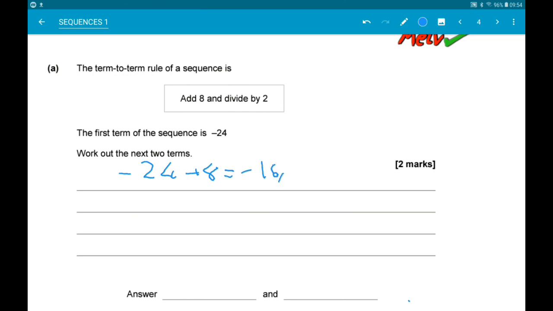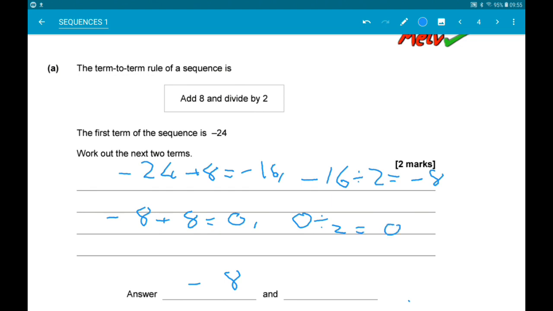And we then need to do minus 16 divided by 2, which gives us minus 8. And then the next term, we do minus 8 add 8 is 0. And then 0 divided by 2 is 0.